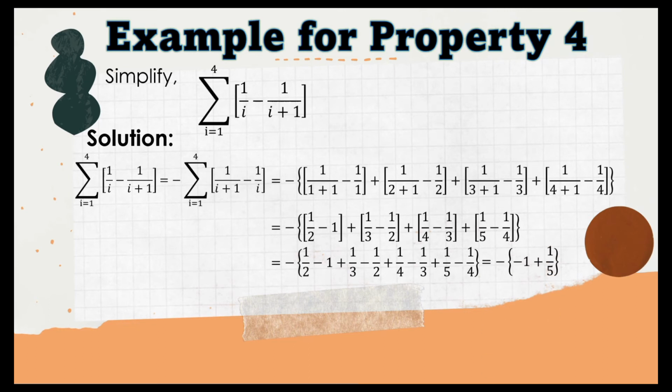This is equal to negative times negative 1 plus 1 over 5, which is negative 4 over 5, multiplied by negative 1, equals 4 over 5.